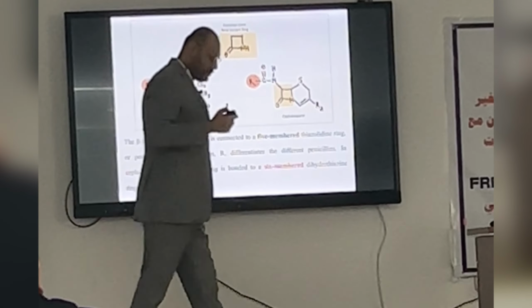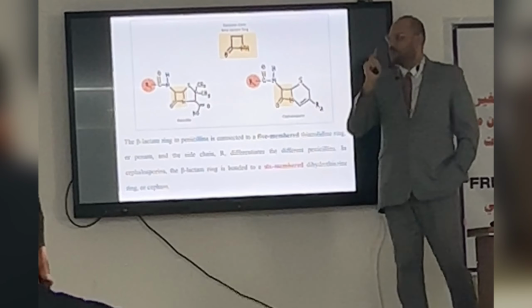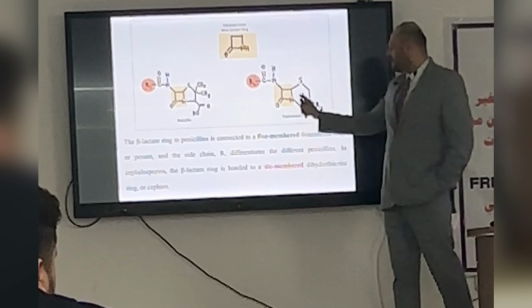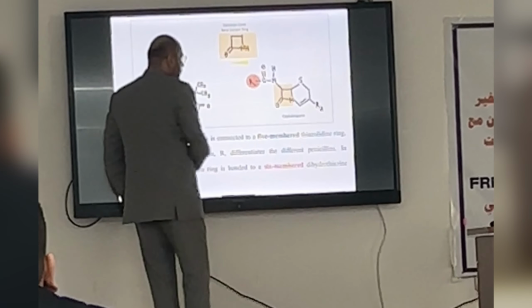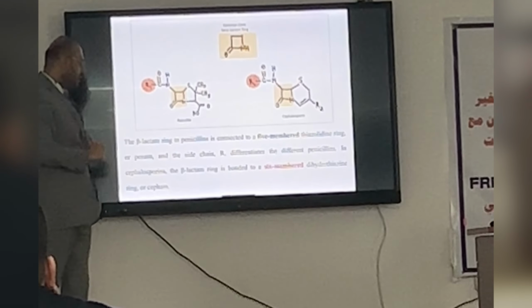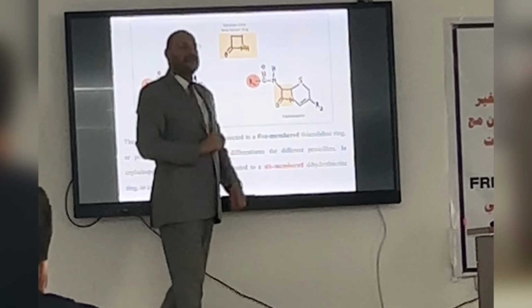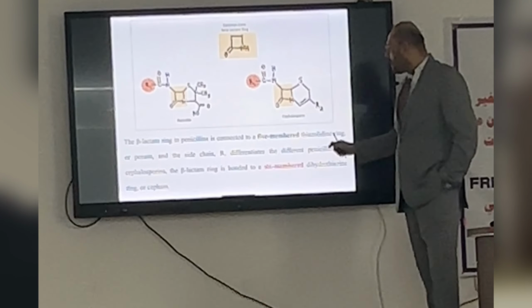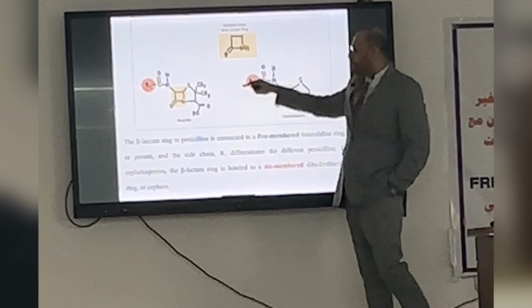In case of penicillin, we have a beta-lactam ring connected to a 5-member ring, and we have one R. But in case of cephalosporin, the beta-lactam ring, which is the common point between these two groups, is connected to a 6-member ring, dihydrothiazine. So we have a 6-member ring, and we have two different R: R1 and R2.